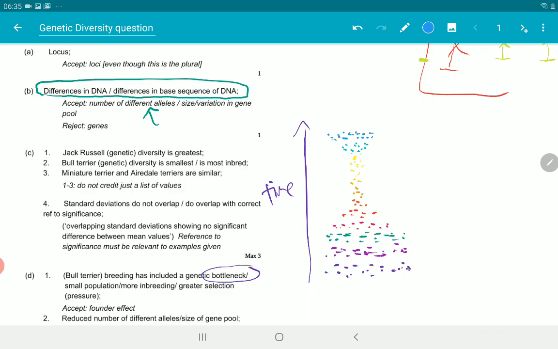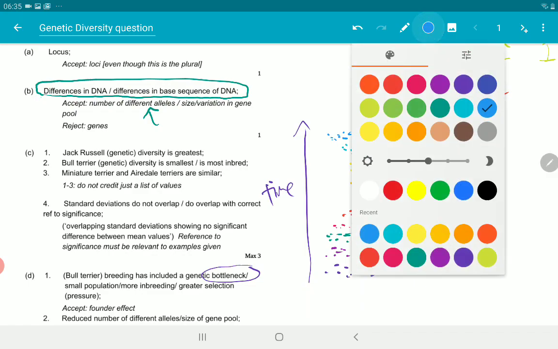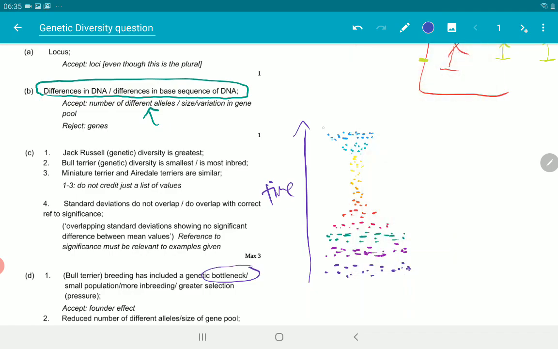The puppies aren't being destroyed, which is what would be happening if these dogs weren't in fashion, and the population starts to recover again. Now we call this a bottleneck because it looks a bit like a bottleneck. So they've passed through a bottleneck. That's what it means when it says pass through a genetic bottleneck.